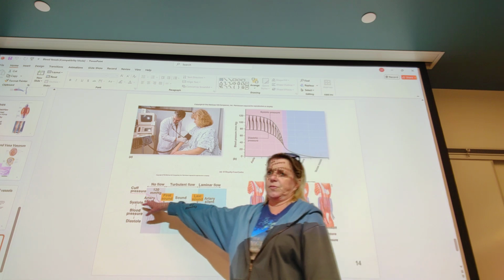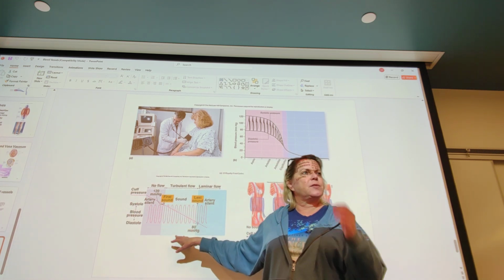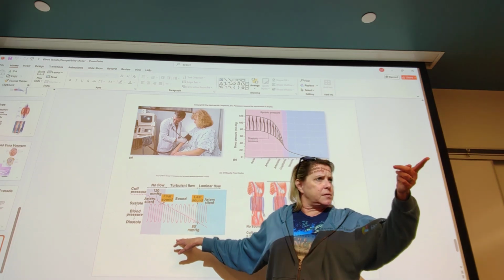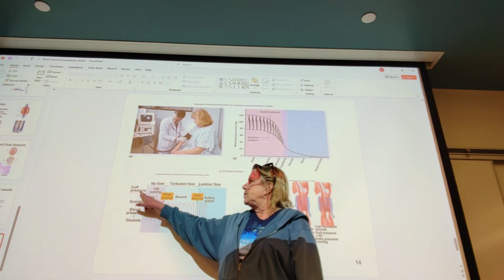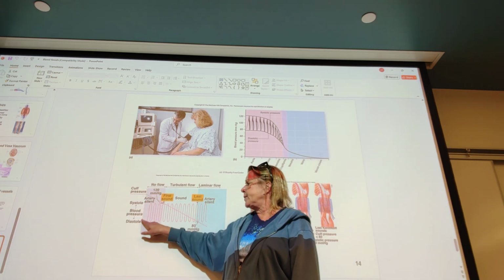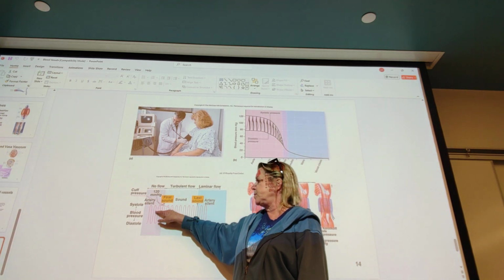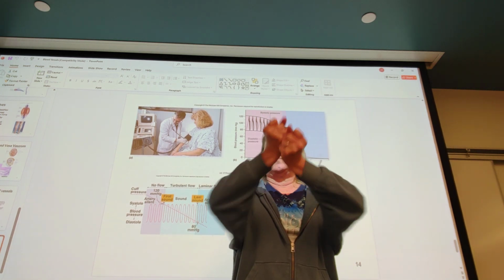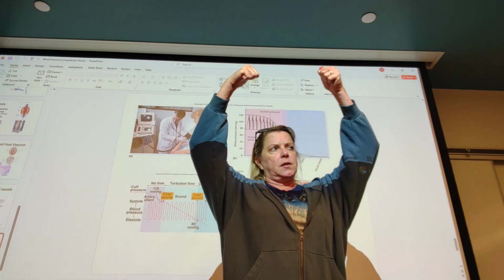This graph, this picture, best shows what Brian just described. So here's your cuff pressure. It's higher than your blood pressure shown here. And your blood pressure is pulsatile. When the heart contracts, blood pressure goes up. That's systolic pressure.